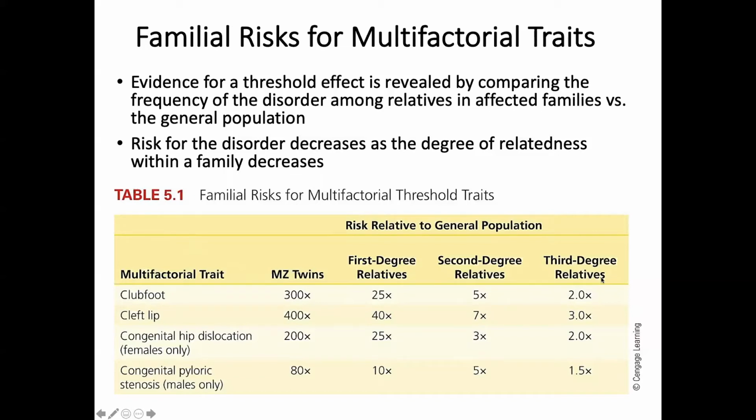Using clubfoot as an example, monozygotic twins have a 300-fold higher risk than the general population, and first-degree relatives have 25-fold. That's much less. Second-degree relatives have an even lower risk, only 5-fold. And you can see the third-degree relatives only have a 2-fold higher risk, which is quite close to the general population.